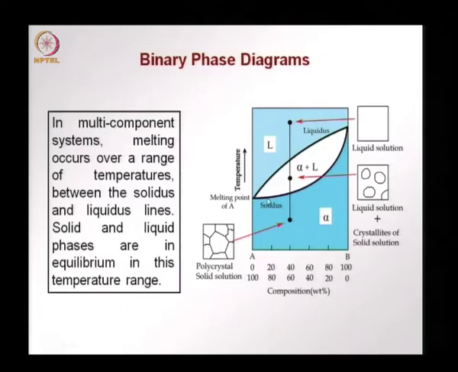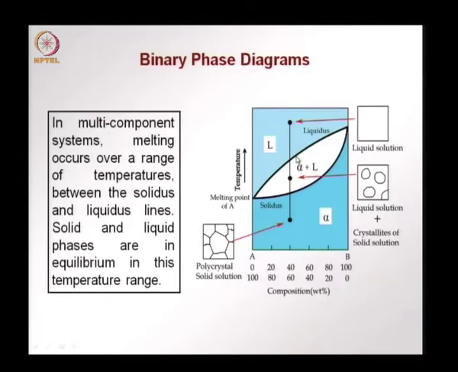This is the solidus line separating the region of the solid phase alpha and the two phase region alpha plus L. Similarly, we have a liquidus line which is the upper bound of this region, separating the region where we have the liquid phase and the region where we have the alpha plus L phase, that is the solid phase and the liquid phase coexisting.